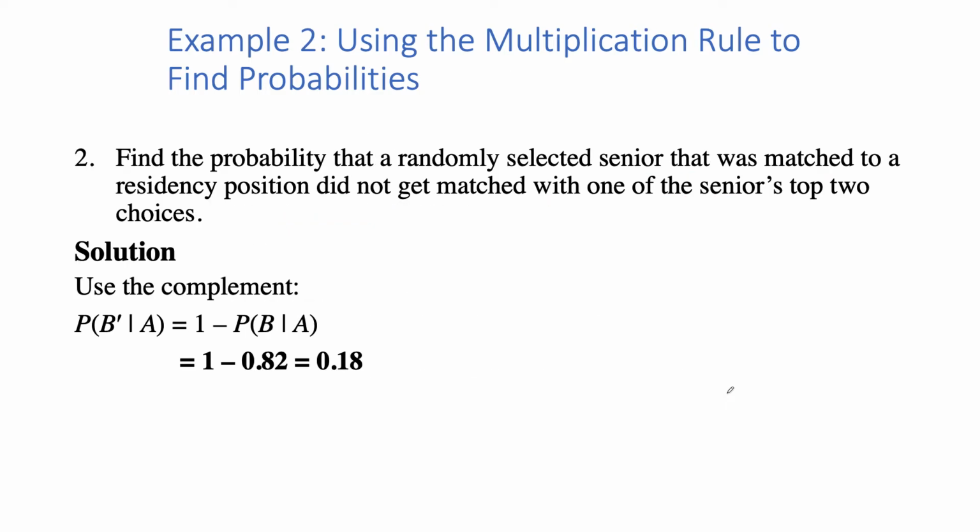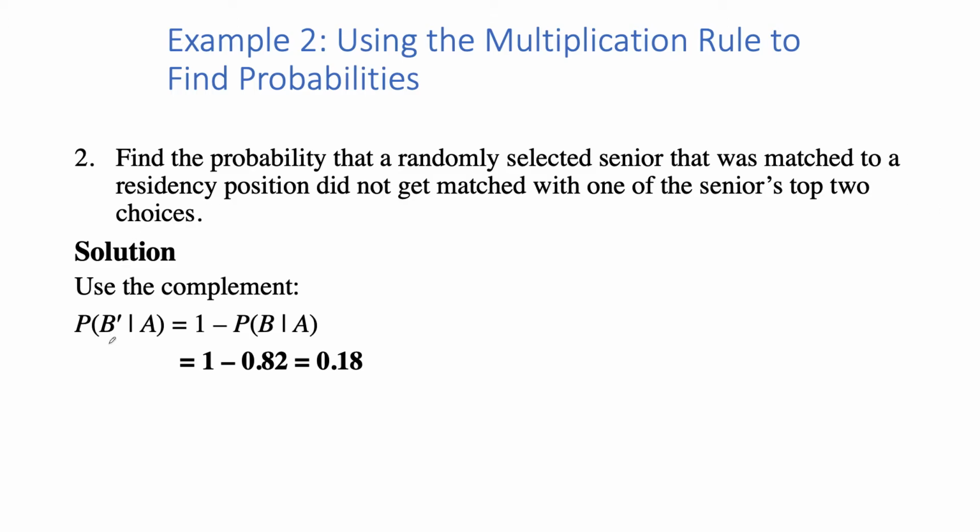Second example, again, this is using the complement rule. Find the probability that a randomly selected senior that was matched to a residency position did not get matched with one of their top two choices. So A essentially says they matched.